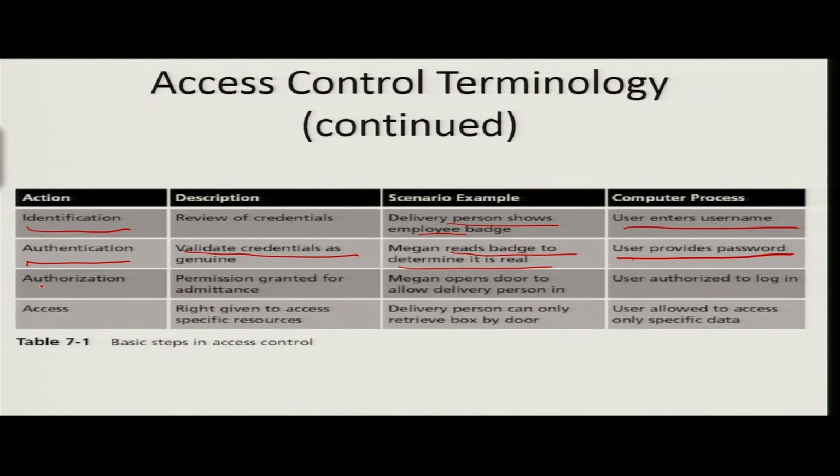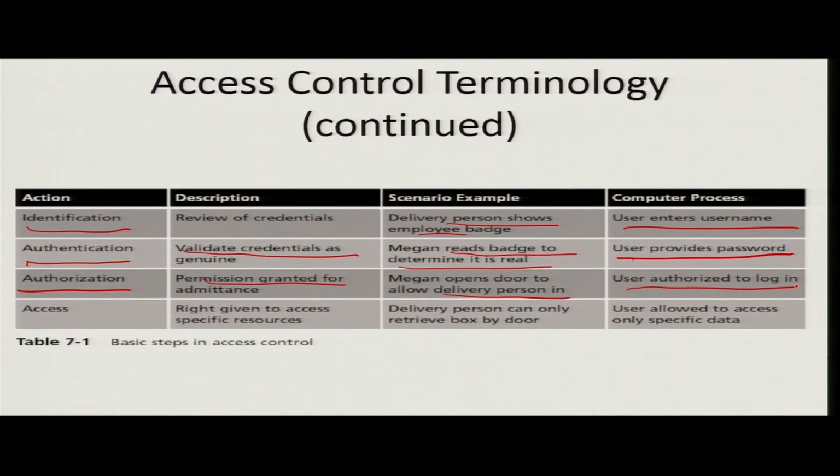Once you have been authenticated, then authorization comes when you are given permission for admittance or permission for using some resource. In this case the door is opened to allow the delivery person in once he or she has been authenticated.